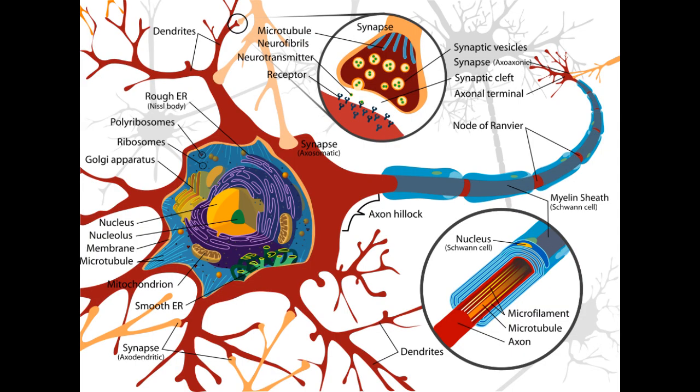All right. So let's take a detailed look at a nerve cell, so I can prove to you that it is in fact a cell and how it's composed and how it's different from other cells such as muscle cells or regular cells as we saw earlier. Okay, so if you look in the picture, let's start in the nucleus.